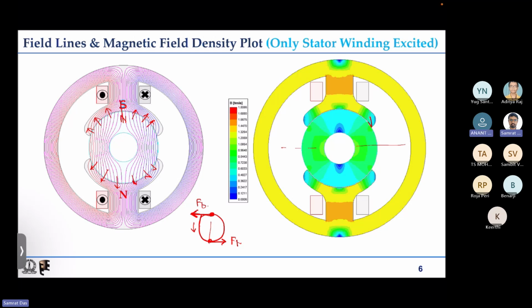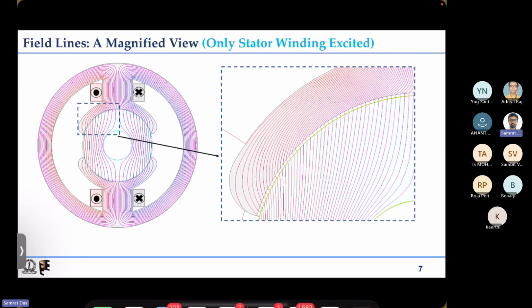So let us have a magnified view of the flux lines in the pole regions. Say this is the dotted line which I am trying to expand and show you. You can see that the flux lines come and then tend to bend along this pole shoe region, and that causes flux density. You can see the flux density in this region, how dense the flux lines are.